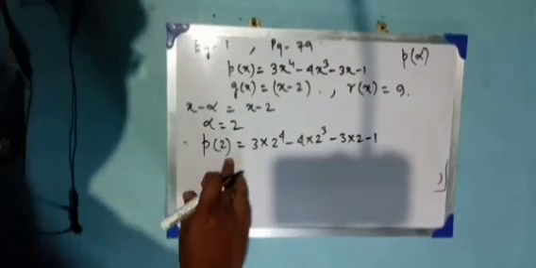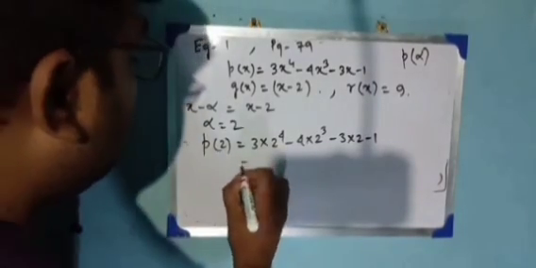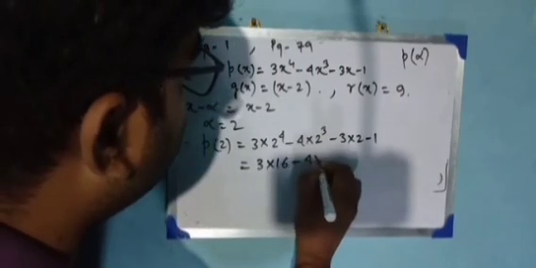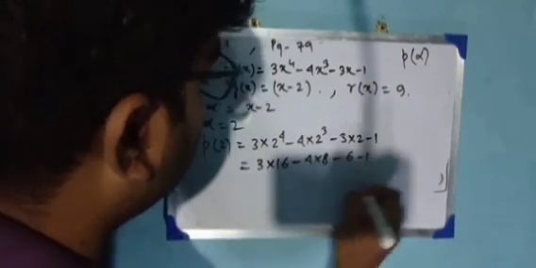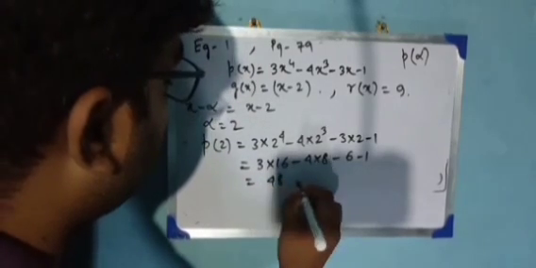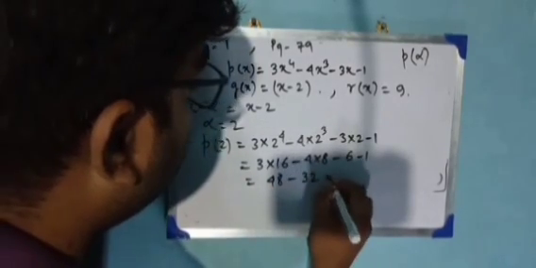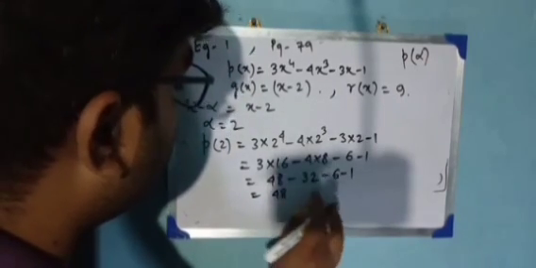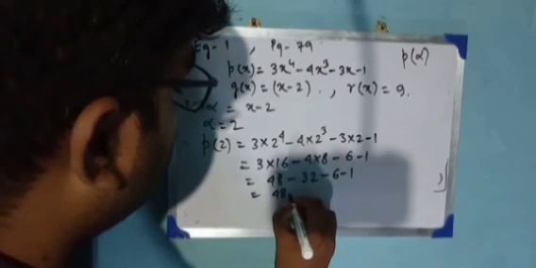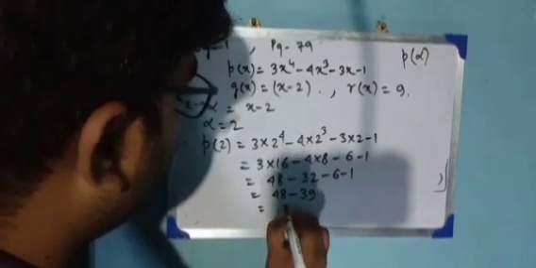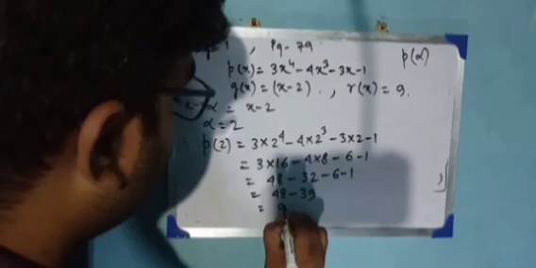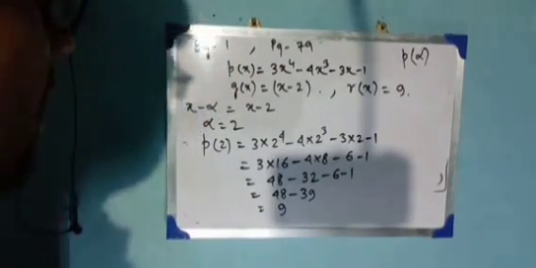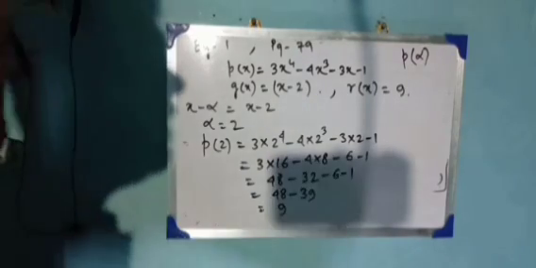So here P(2) equals 3 into 16 minus 4 into 8 minus 6 minus 1, that is 48 minus 32 minus 6 minus 1, which gives 9. So as a remainder we get 9, and by actual division we also got the remainder 9. So the remainder theorem is verified here.